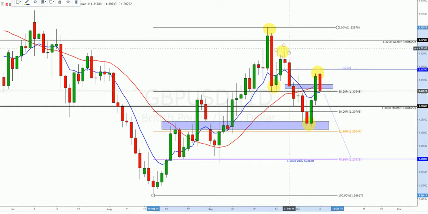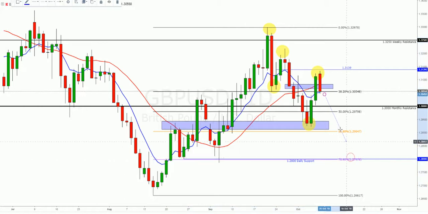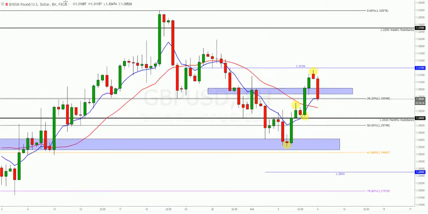We haven't yet formed a higher high or a higher low, so I wouldn't be surprised if price fell from here, taps this 1.30 monthly resistance, monthly support, to make a new higher low before firing up towards 1.3250 weekly resistance.